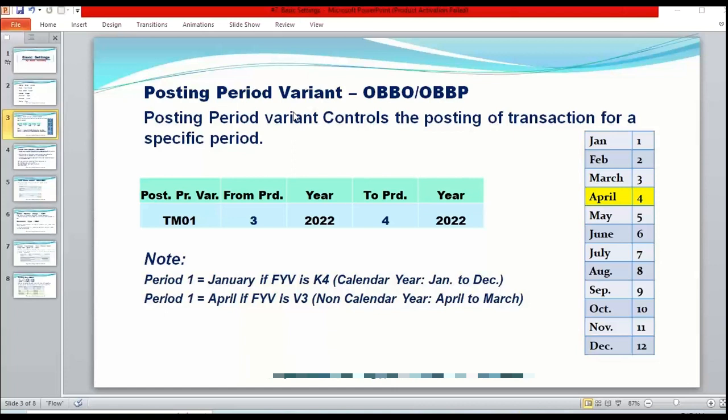Posting period variant controls the posting of transactions for a specific period. I'll explain with one example.